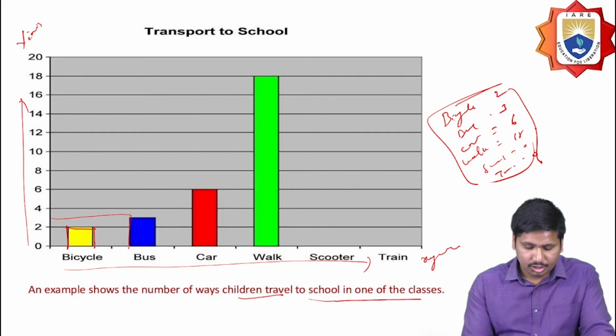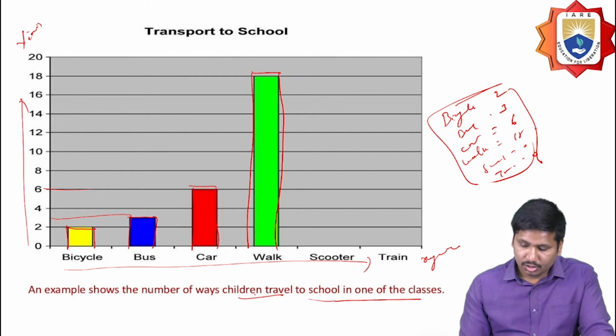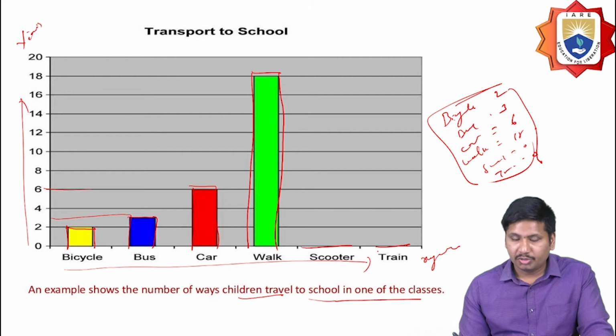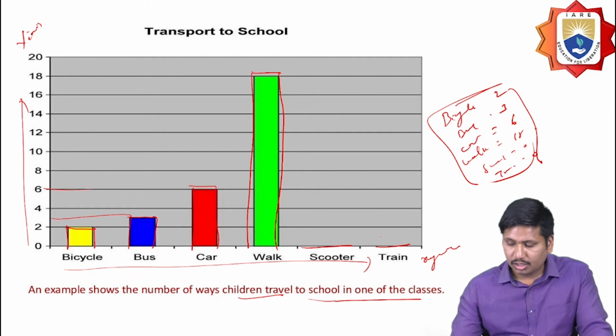Next car, 6, so I draw 6, and walk 18, and scooter 0, so I'm not drawing any bar, and train should also be 0. So like this I can draw the bar diagram.